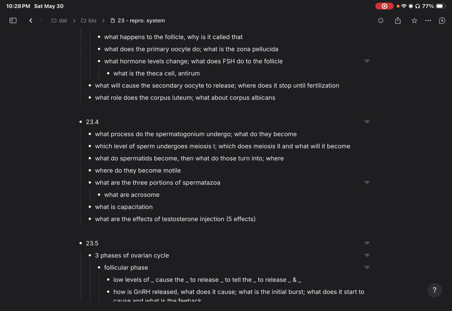So I'm assuming these are the gonad cells, the sex cells. They're going to become primary spermatocytes. These are gametes. They're going to undergo meiosis and divide. No, these spermatocytes must be, because they're undergoing meiosis, so they have to be the gonad cells, right? I don't even know, bro.